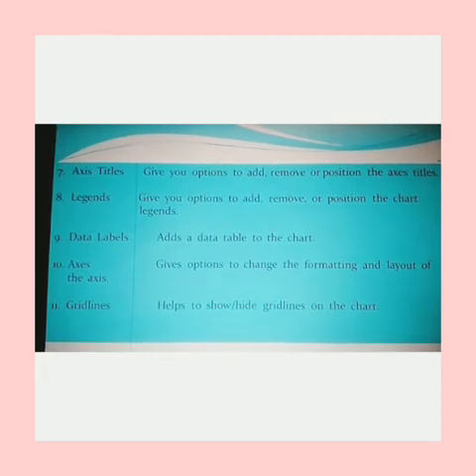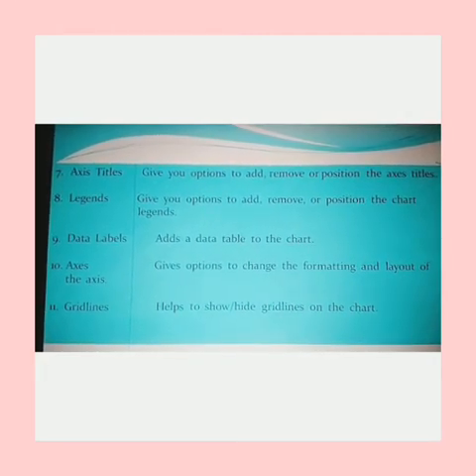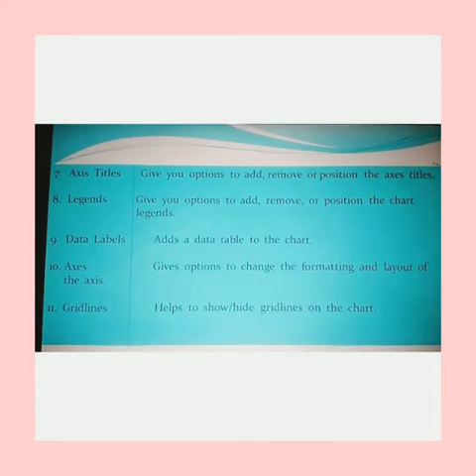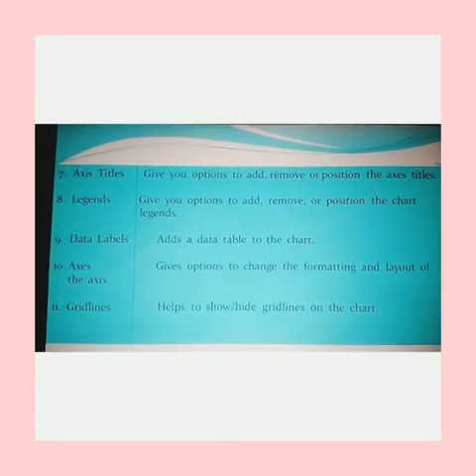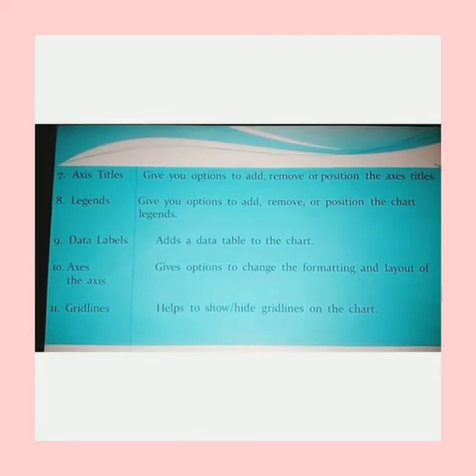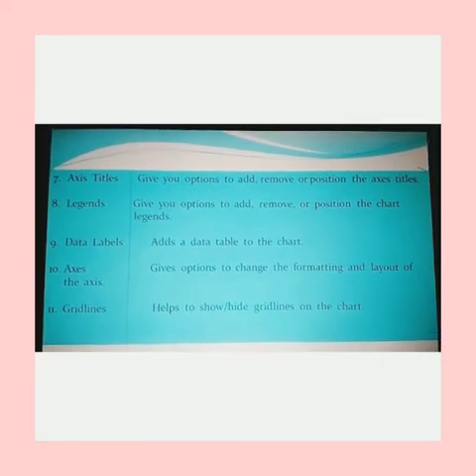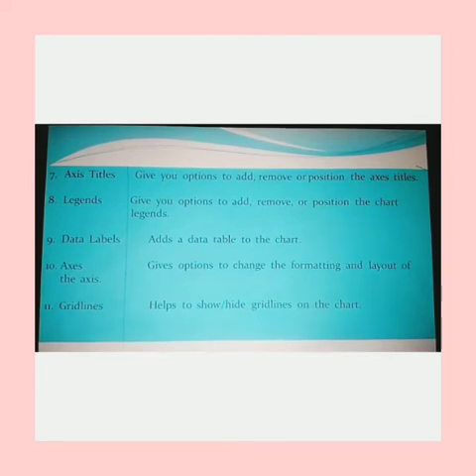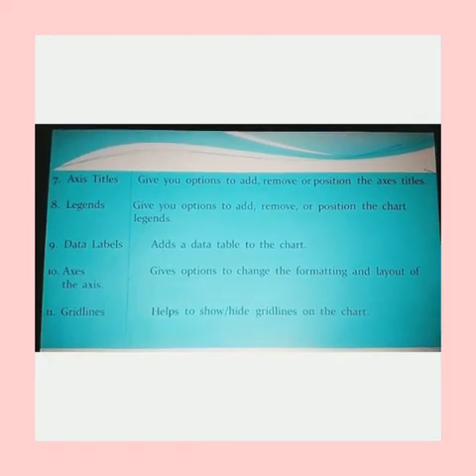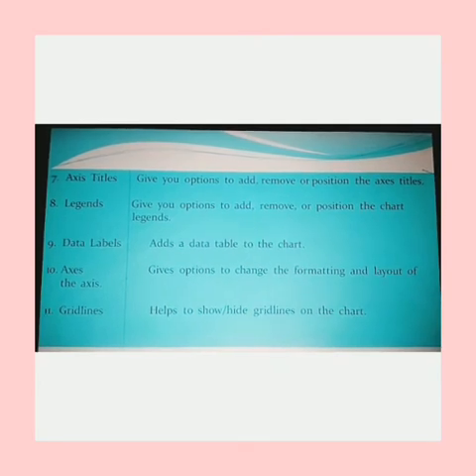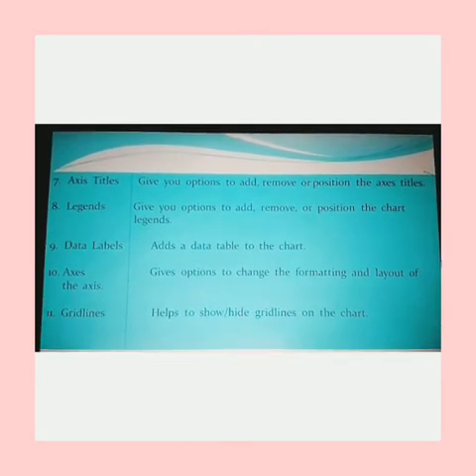Then data labels add our data labels to the chart. We can add data tables to the chart to add any feature. Then axes. Axes gives the option to change the formatting and layout of the axes. We can change the format using the formatting and layout options with the help of axes.